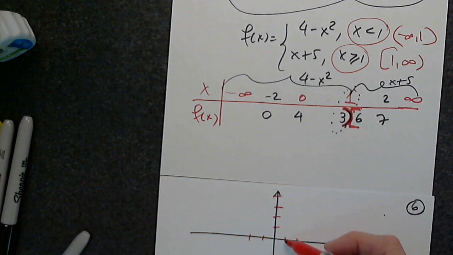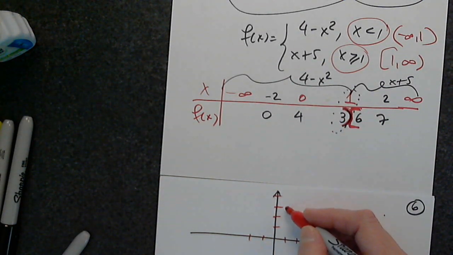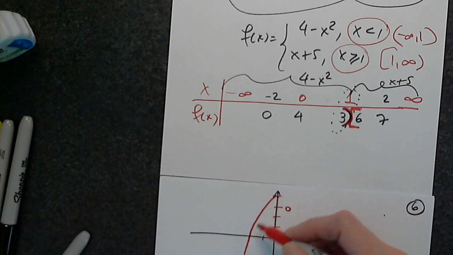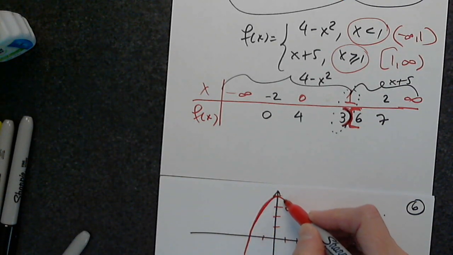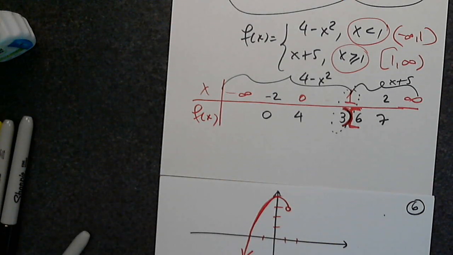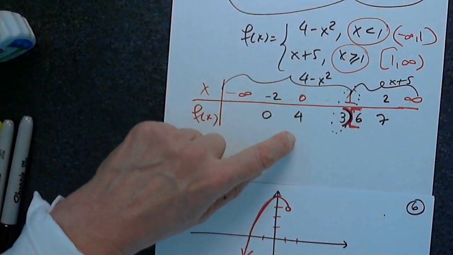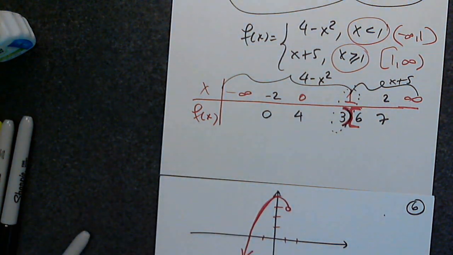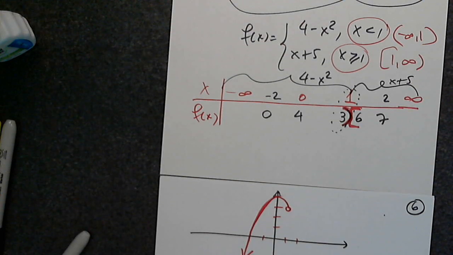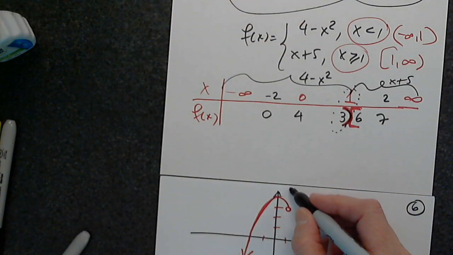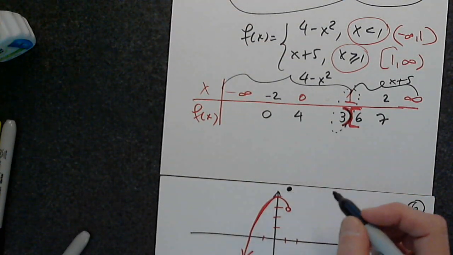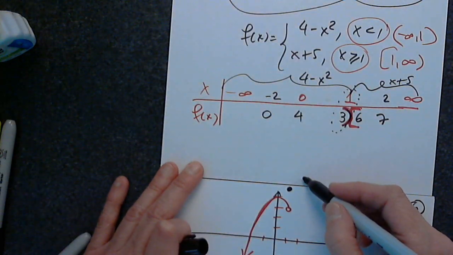But at 1 it is 3 with an open point. So I have negative 2, 0, I have 0, 4, and I have 1, 3. Now the other side is 1, 6. So I'm going to say 6 is right here. And then 7 is here.